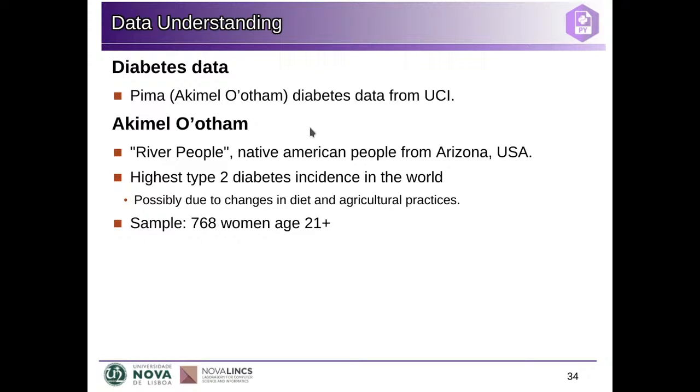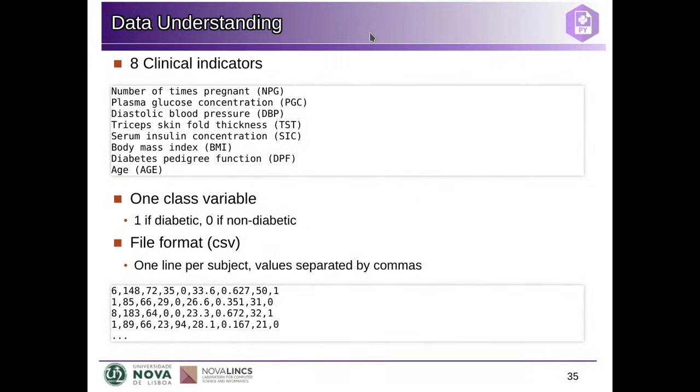So taking into account the size of the population, they have among the highest incidence of type 2 diabetes in the world. So this is a sample of 760 women aged 21 and up, and has these features: the number of times pregnant, the plasma glucose concentration, blood pressure, and so on. And we have this file format, the CSV, with these data, but it's just a set of numbers.